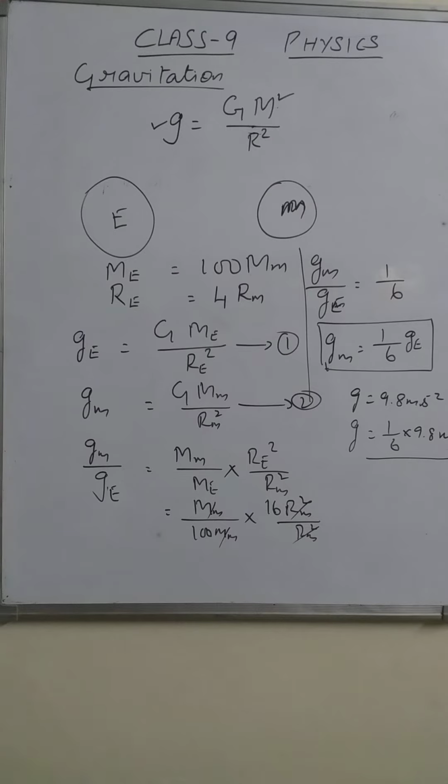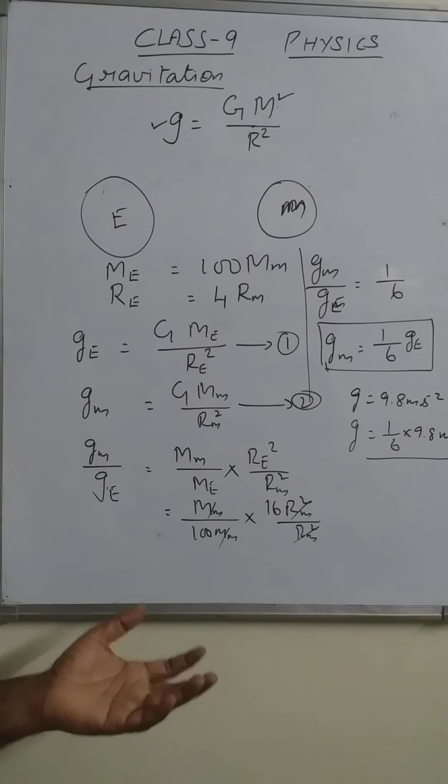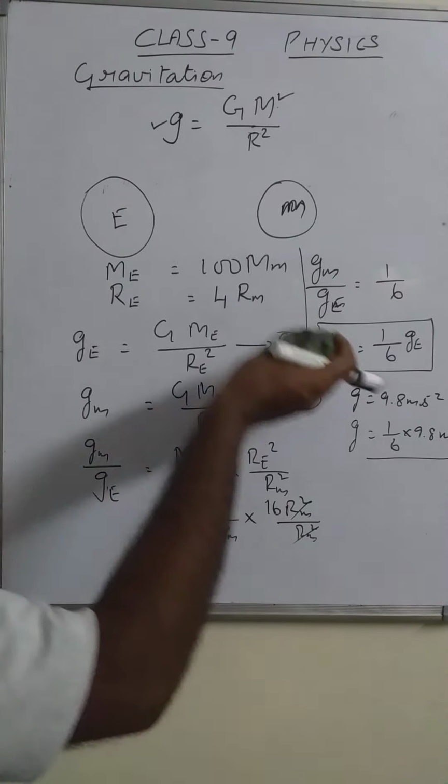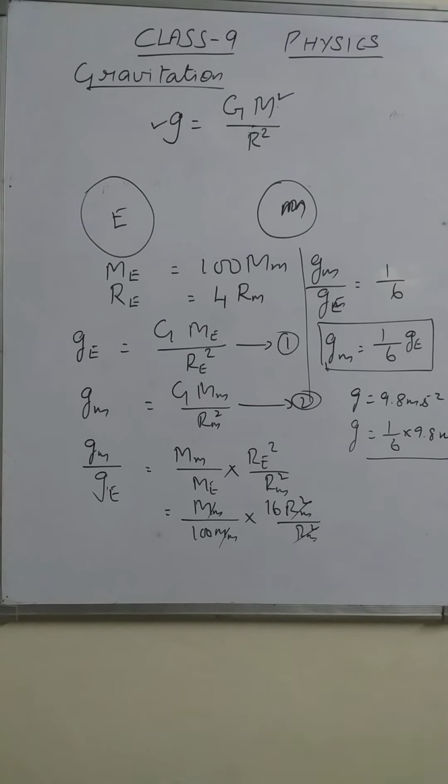That's why the moon has no atmosphere, because all the gases released from the moon surface escape out from its field. Therefore, it has no atmosphere around it because of the less acceleration due to gravity. This is one relation.